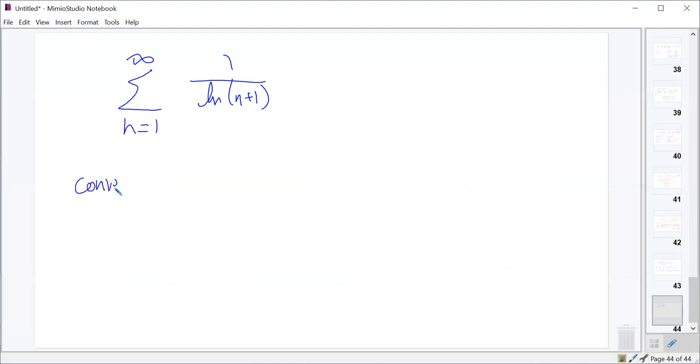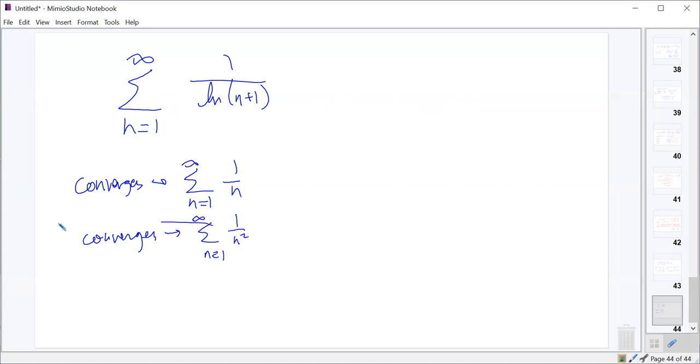So I'm going to say converges, and then the arrow is just going to, for a second here, indicate by comparison with, right? So converges 1 over n, converges because of 1 over n squared, or the other options are diverges because of that.